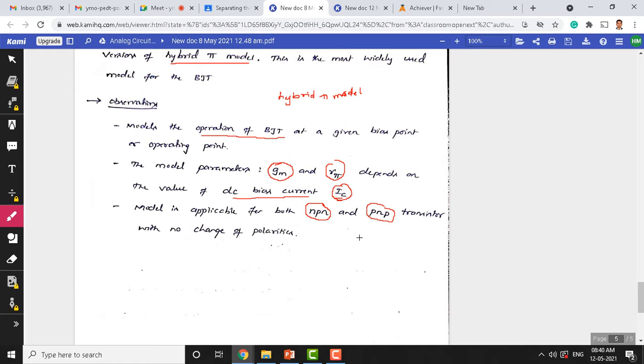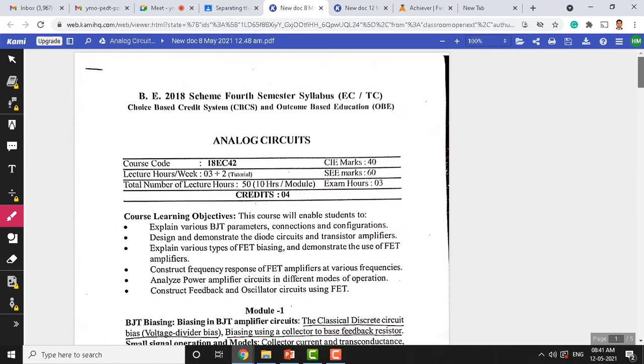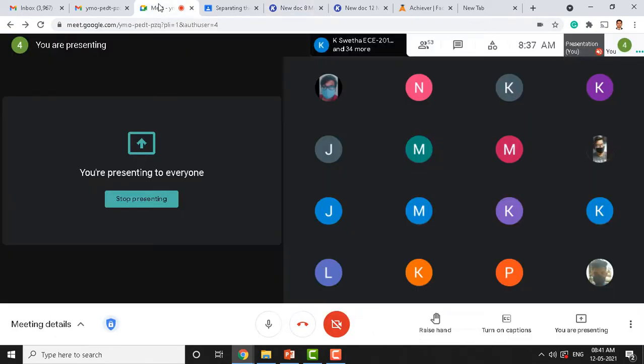So these are the things that we discussed in the last class. With that, I think we have come to the end of the related topics before the MOSFET. If there are any questions, I can take them up before we proceed to the MOSFETs.